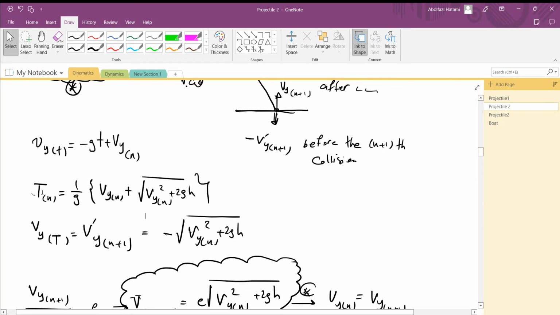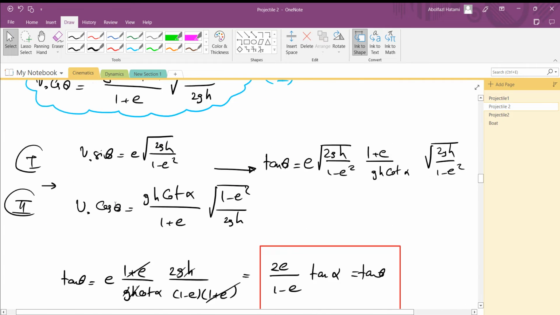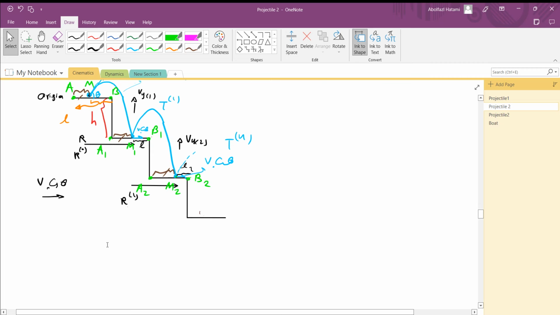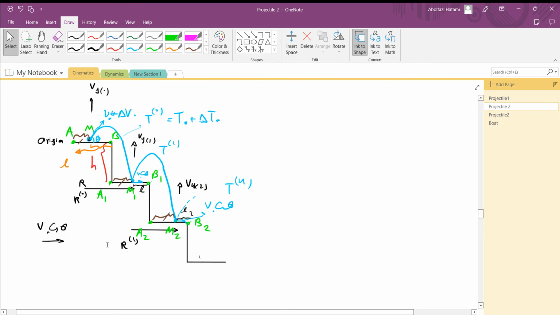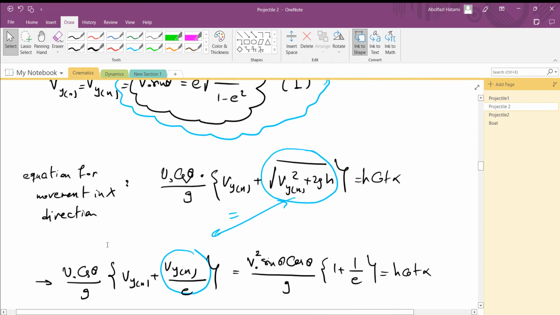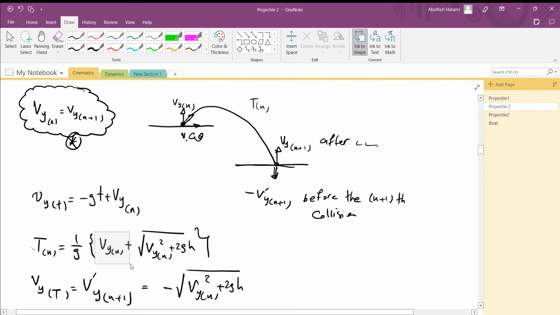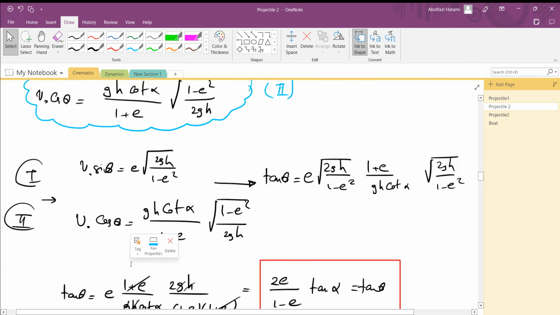For example, T is also a function of h, or of g. But g and h are not the ball's parameters. Just vyn is the ball's parameter. Because we didn't change h and g, we should just focus on T as a function of the ball's parameter, which is vy of n.